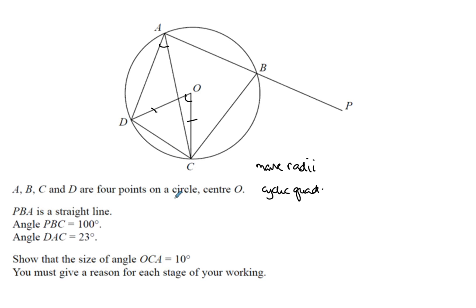PBA is a straight line. And angle PBC is 100. So that must be 80. And this is when the cyclic quadrilateral kicks in. So that whole thing is 100. CE is a tangent.